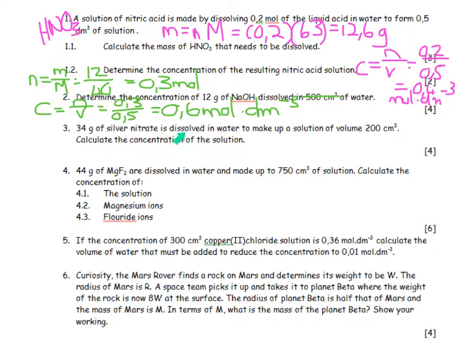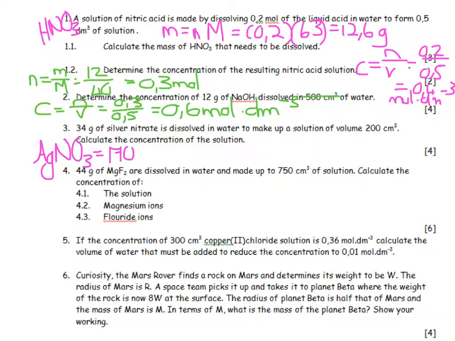34 grams of silver nitrate is dissolved in water to make up a solution of that volume. Calculate the concentration. Better work out the formula for silver nitrate. Silver has a valency of 1, nitrate has a valency of 1, so it's AgNO3. The molar mass of that, I think, is 107 plus 14 plus 48, and it turns out to be 170.